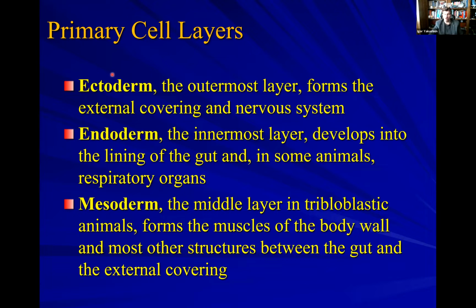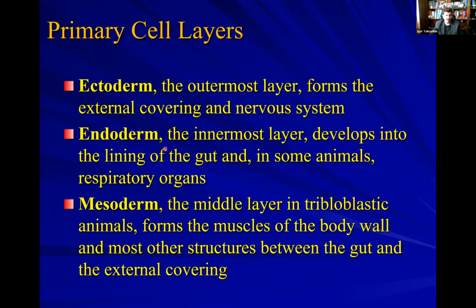So ectoderm. Ecto means outside. Ectoskeleton, we'll talk about that when we discuss the arthropods. So what will the outer layer form? Skin, external covering, and the nervous system. In most of the animals, if not all of the animals, the nervous system will be produced from the cells which are in the outer layer of the blastula, or I should say gastrula.